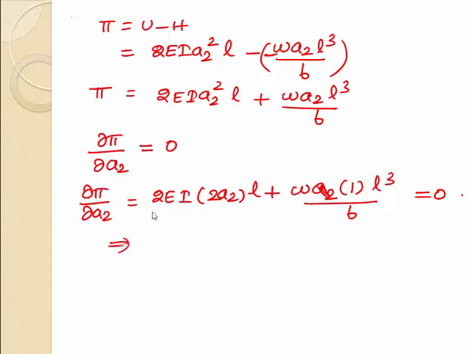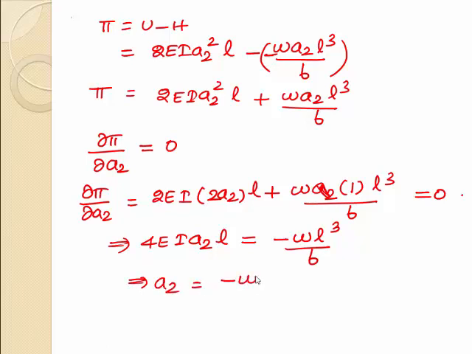Okay, so 2 into 2, 4EI a2 L is equal to minus W L cube by 6. So a2 as minus W L cube by 6 into 1 by 4EI L.